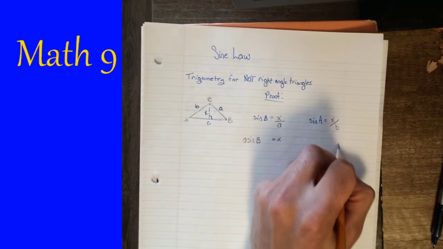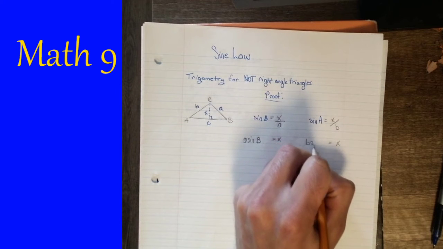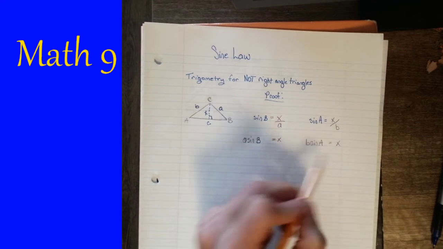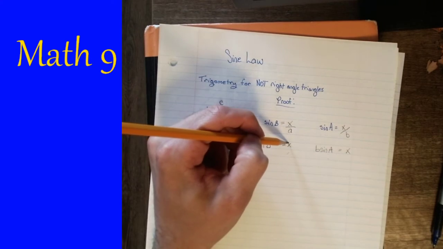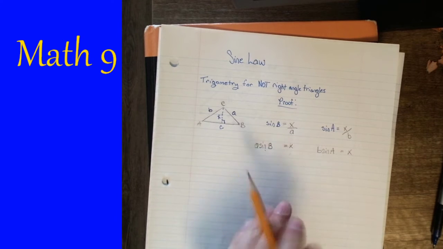And we rearrange here. We have x is equal to b sine a. Okay, so both of these are the same x quantity. So this x is indeed equal to that x. And so we could set a sine b equal to b sine a.